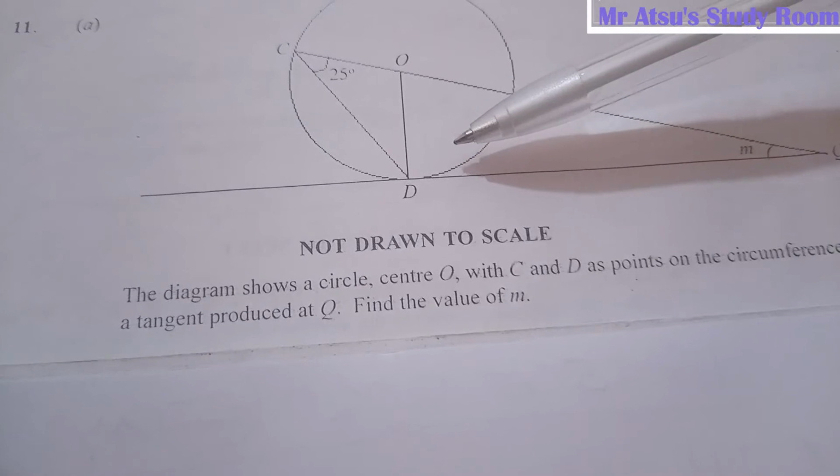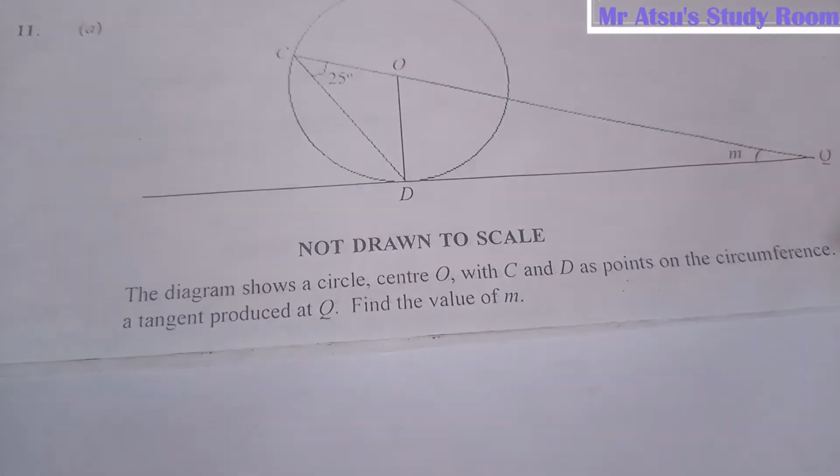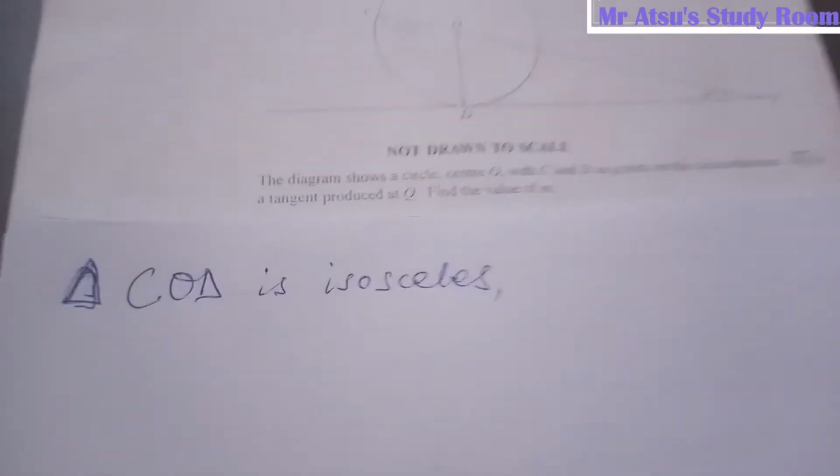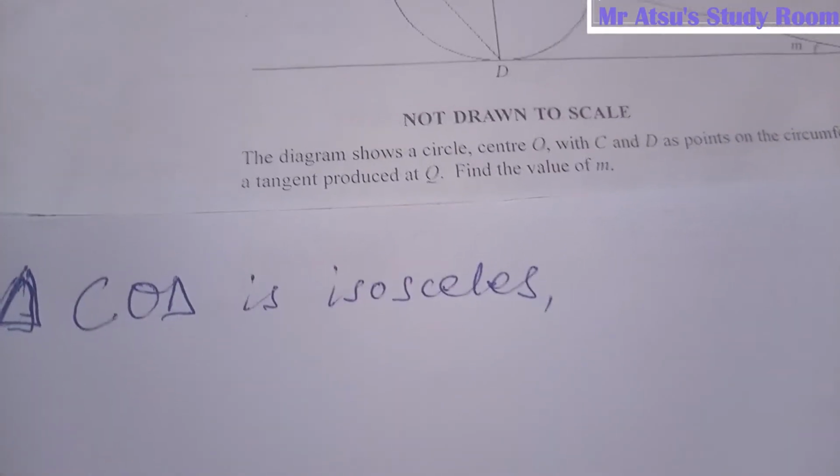So let's write that quickly. Triangle, let's start with triangle COD. Triangle COD is isosceles.